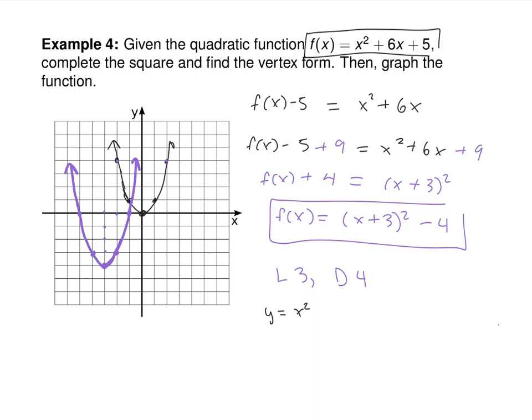If it didn't say find the vertex, could you just factor it and plug in points? Yeah, you could factor it and plot the intercepts and just plug numbers in. That would also work. But the thing is that I could also give you something that did not factor, like if I had given you x squared plus 6x plus 3. But you're totally right that if you set this equal to 0 and found the x-intercepts, that's a completely legitimate way to graph it as well.